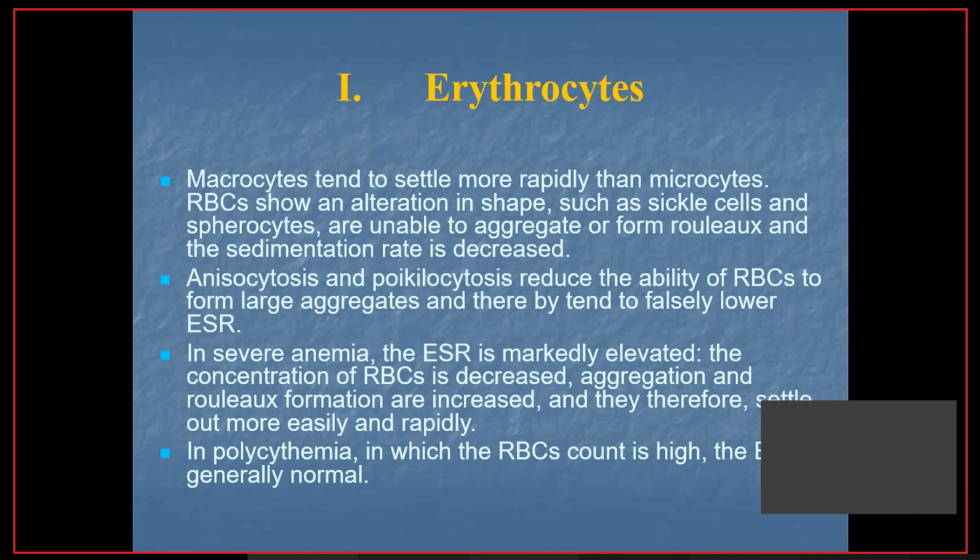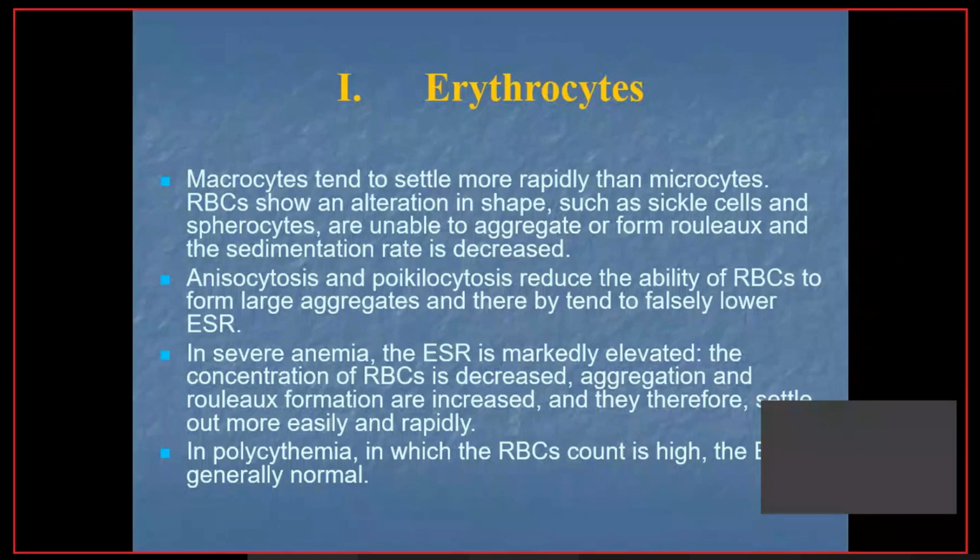Then anisocytosis and poikilocytosis reduce the ability of red blood cells to form large aggregates and thereby tend to falsely lower the ESR. Falsely lower ESR means we will get the wrong results.